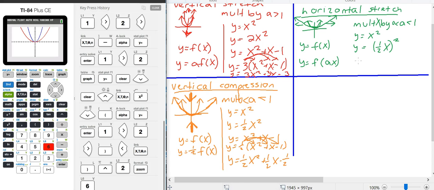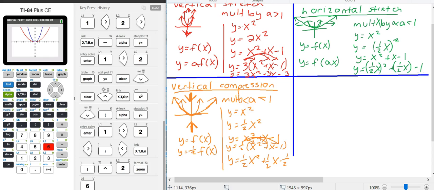Let's look at a more complicated example. Let's say we have, we'll use the same one from before, y equals x squared plus x minus 1. In order to stretch this horizontally, we have to replace each of the x terms with 1/2 x. This becomes y equals (1/2 x) squared plus 1/2 x minus 1.